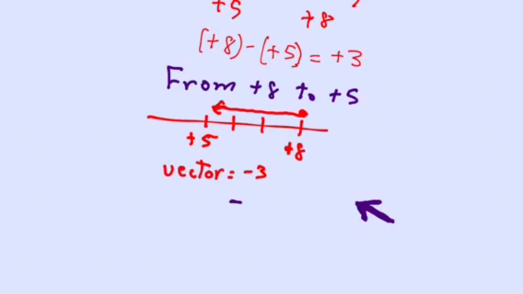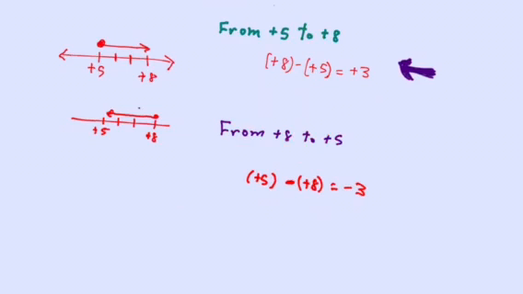We're pretty sure we have to subtract to get the 3, but we need a negative, so we're going to have positive 5 here and positive 8 here. That'll give us a negative 3. So the vector to go from positive 8 to positive 5 is negative 3.